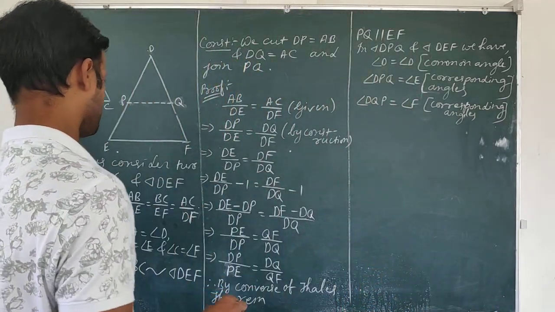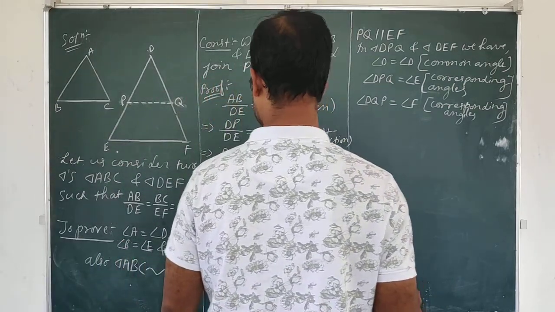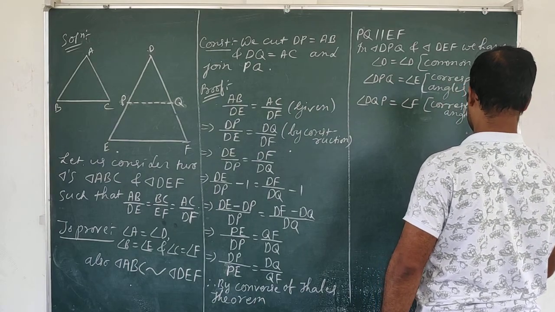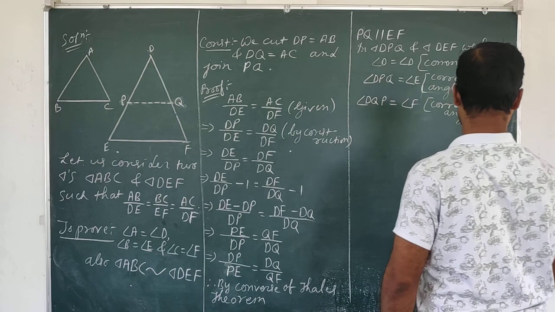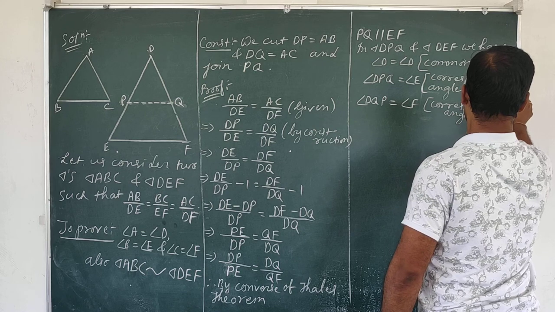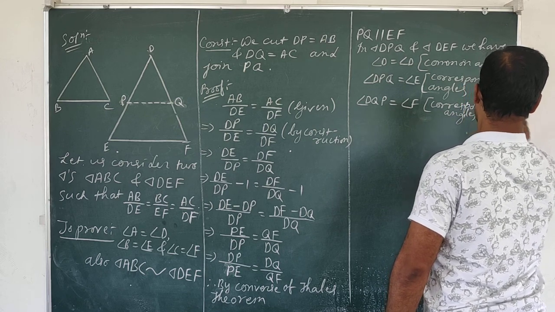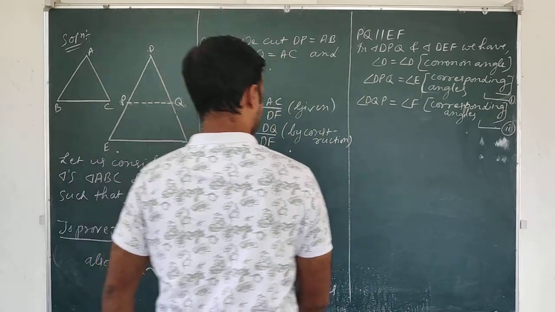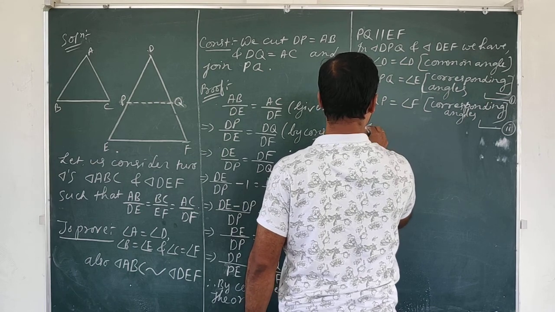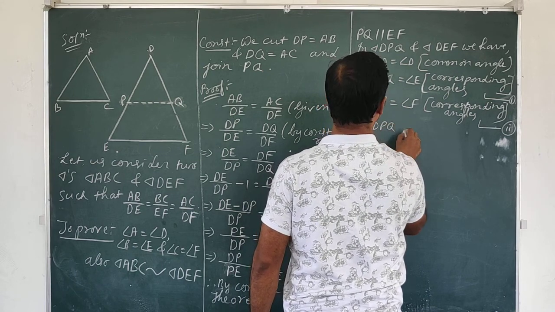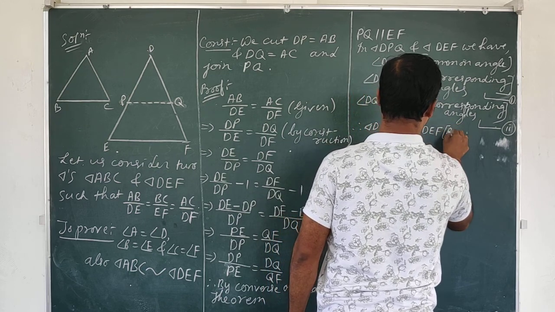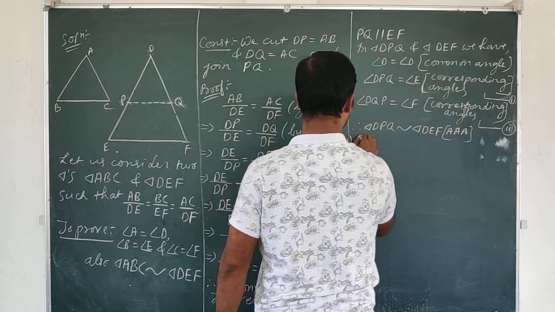Therefore, triangle DPQ is similar to triangle DEF according to angle. The two triangles are similar.